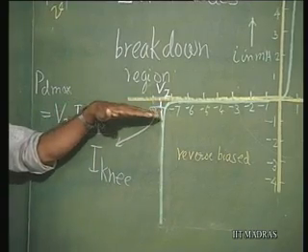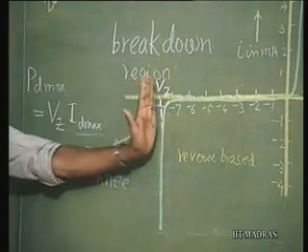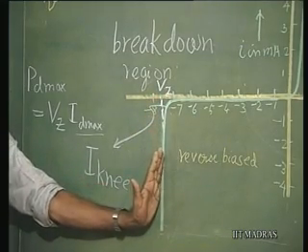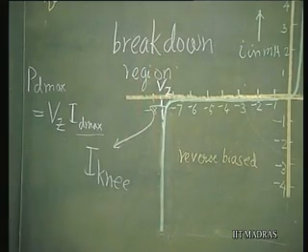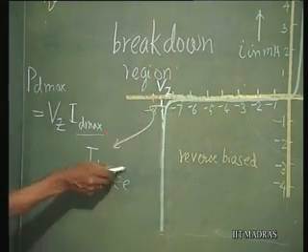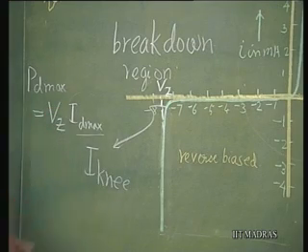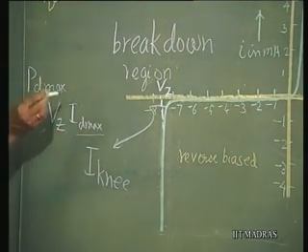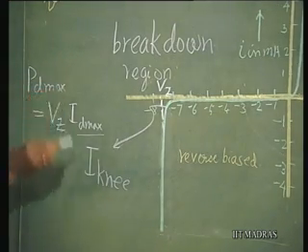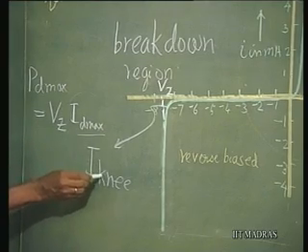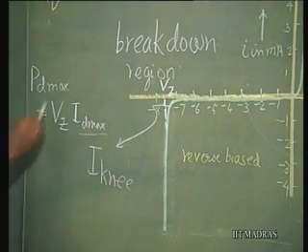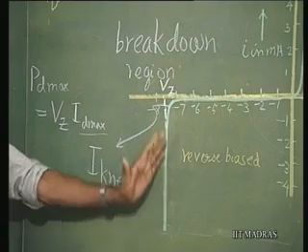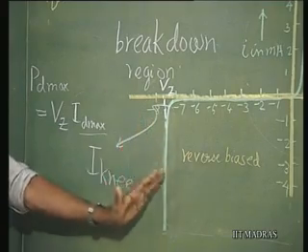Therefore, the current through the Zener diode should be greater than that in order to sustain a constant voltage Vz. So, this is the specification for a Zener diode. That is, there will be a PD max for the diode and there will be a knee current, beyond which only it can be operated as a Zener diode for a variety of applications we will see later.